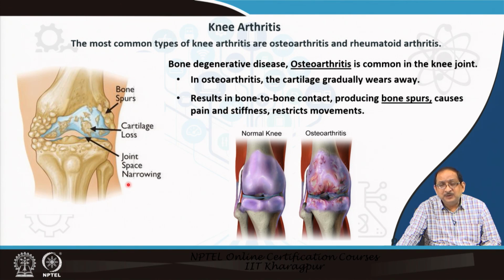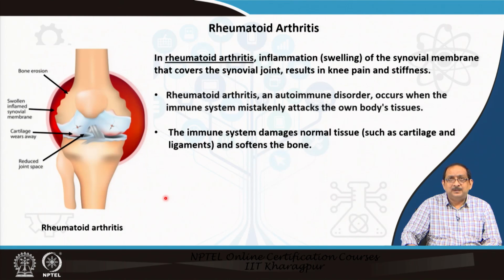It should, however, be noted that there is a decrease in joint space, or narrowing of joint space, in either of the two sides of the knee joint. In rheumatoid arthritis, the inflammation or swelling of the synovial membrane occurs and it results in knee pain and stiffness.